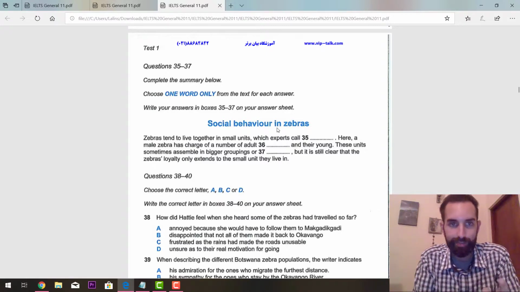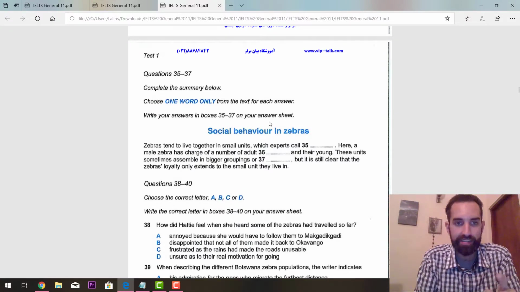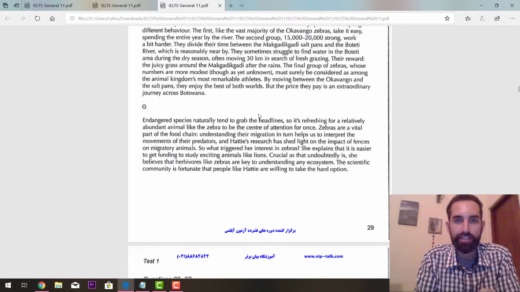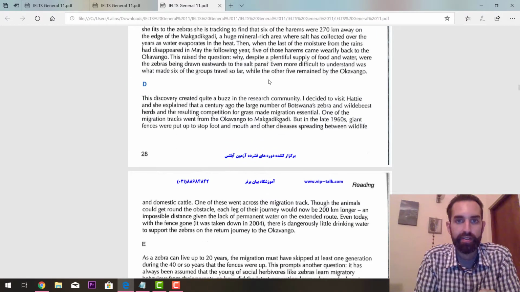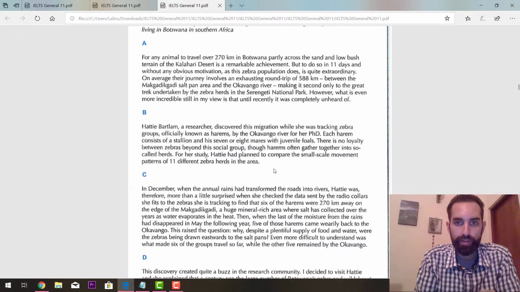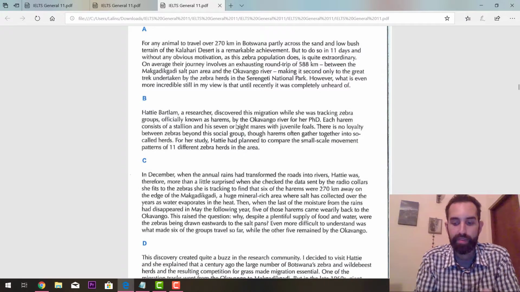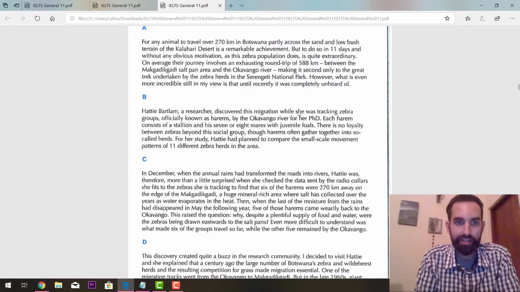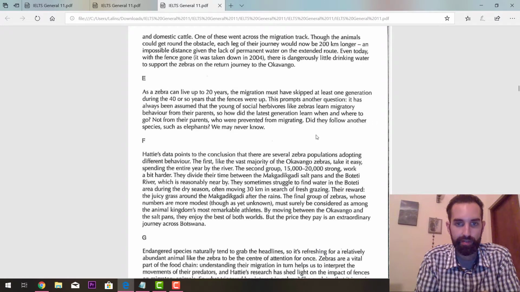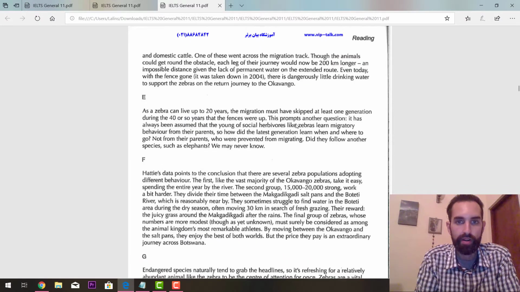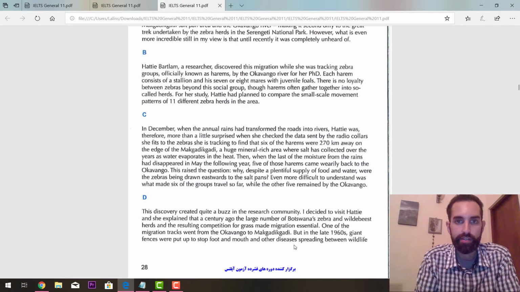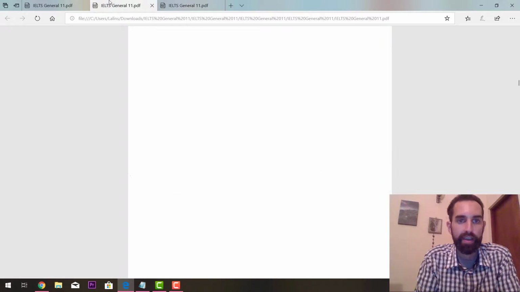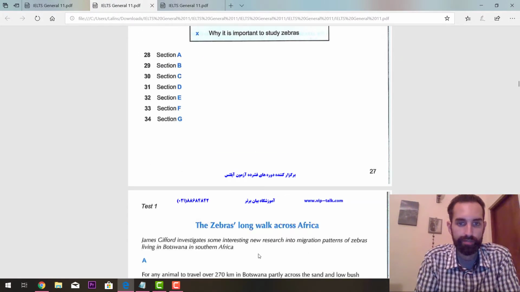Okay, so this part is from the text, clearly section B, I believe. So what we're looking for, yes, tracking zebra groups, officially known as harems. So we'll put one part on the section, put it there, and then drag down to the questions.